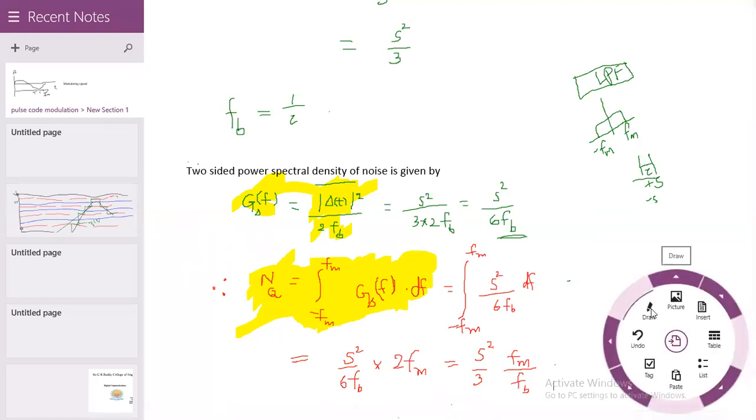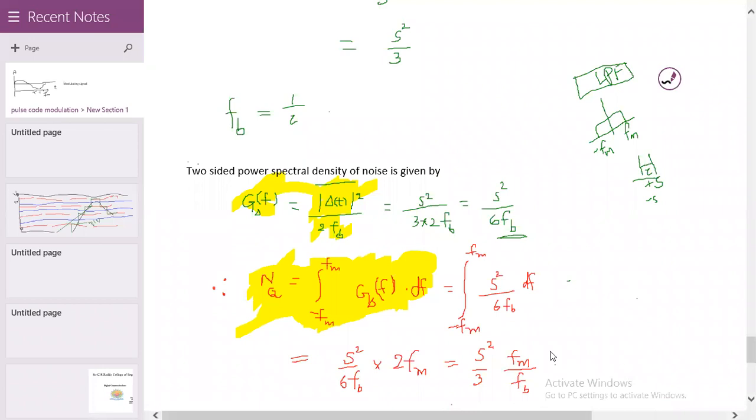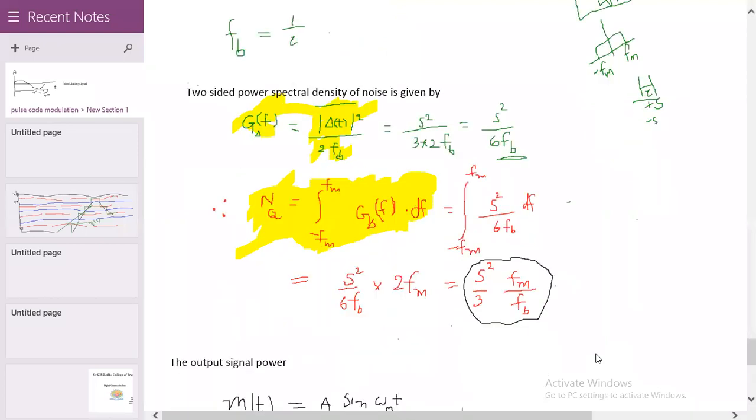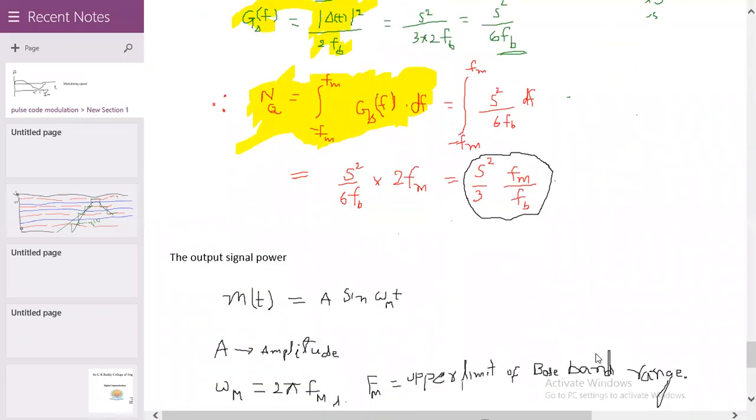Boys, also tell me, after solving that integral, did you get this? Therefore NQ is equal to S square by 3 into Fm by Fb, where Fm is the frequency of the modulating signal, and Fb is the bit rate.